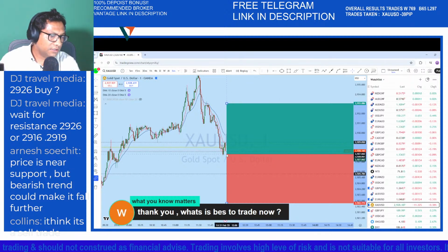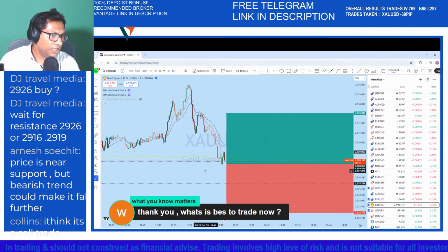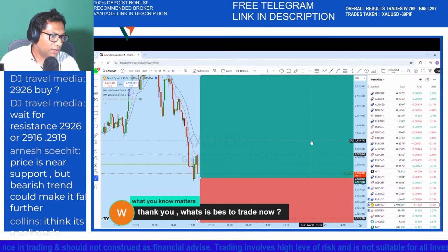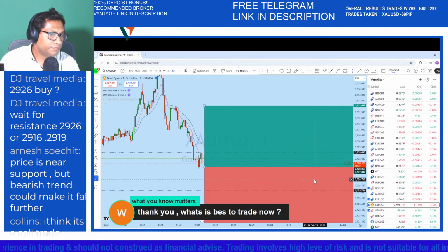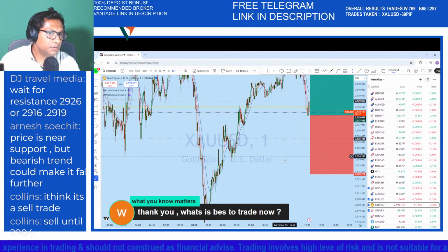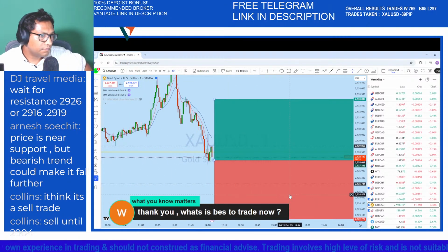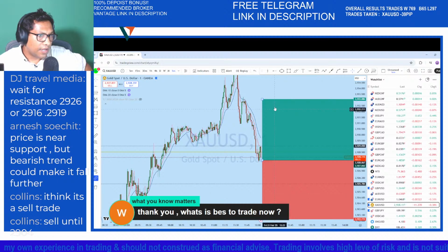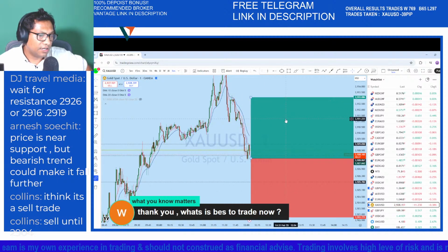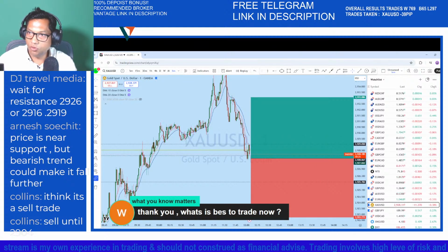Now here we need to see that it managed to bounce. As this is a liquidity zone, if it bounces, we should see it return back to that liquidity zone.